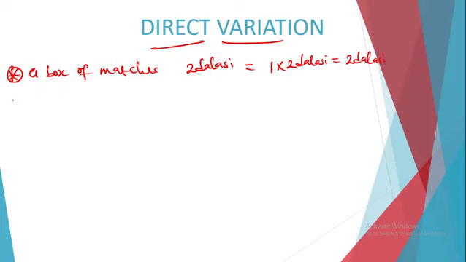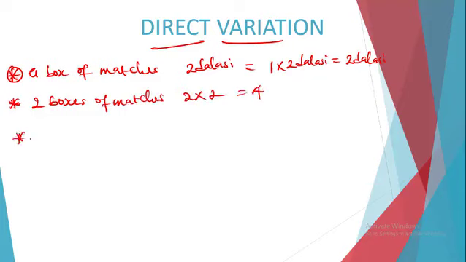Now if someone else decides to buy 2 boxes of matches, then he has to spend 2 times 2 to give us $4. If someone else decides to buy 4 boxes, then he will have to spend 2 times 4, which will give us $8.